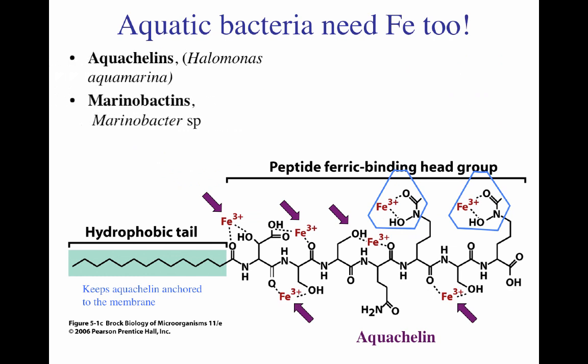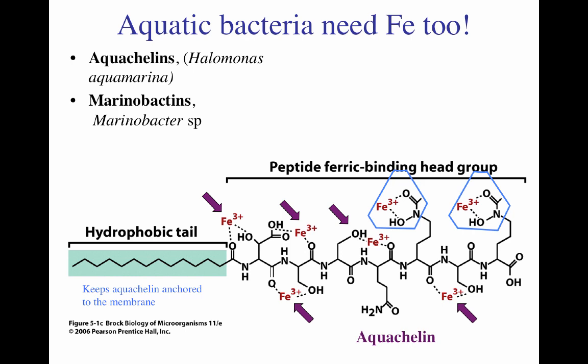Now, this poses an interesting conundrum, because bacteria that are living in the ocean also need to capture iron, but they cannot release siderophores outside of the cell and expect to keep them, as they're in an aquatic environment and the molecule will be diluted away by diffusion.